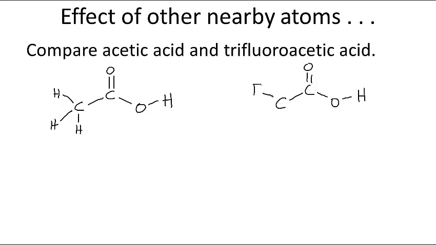There'll be 3 fluorines over here instead of 3 hydrogens. What might you predict about those? Without predicting an acid strength, don't take too many logical steps. What's the key difference between having fluorine there versus hydrogen there?